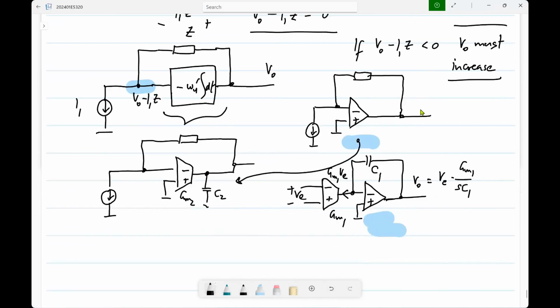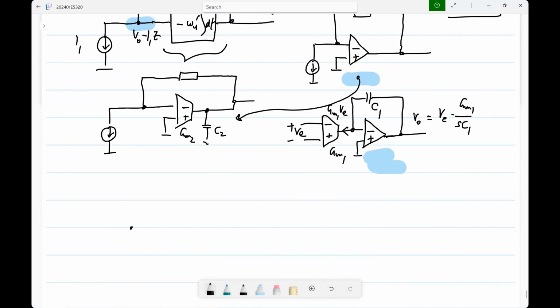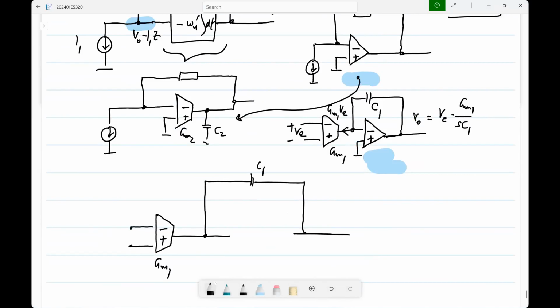Okay. So basically you will have to do this. You have GM1 and you have C1 across this, and ideally you are trying to get GM1 by SC1 times VE. Okay. And what you have here?